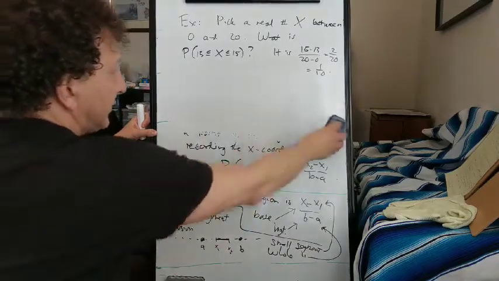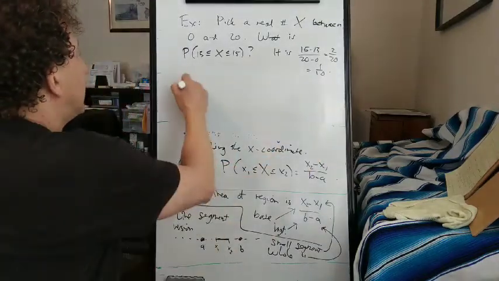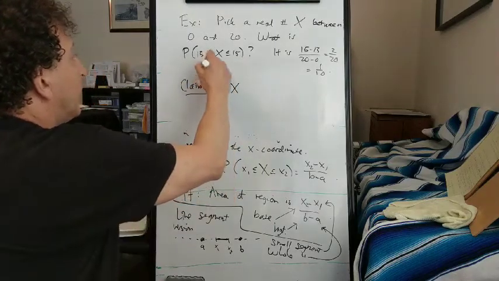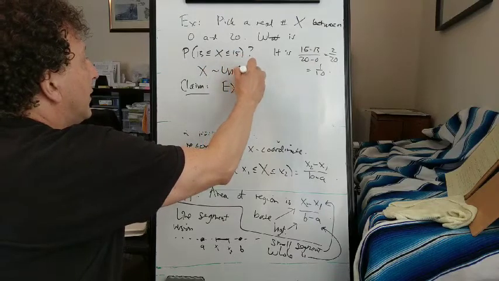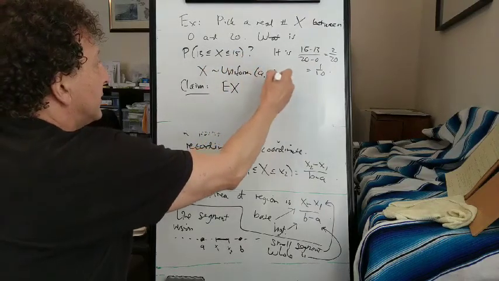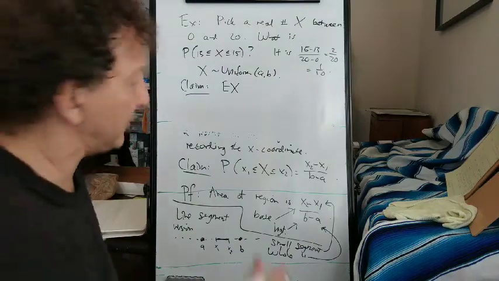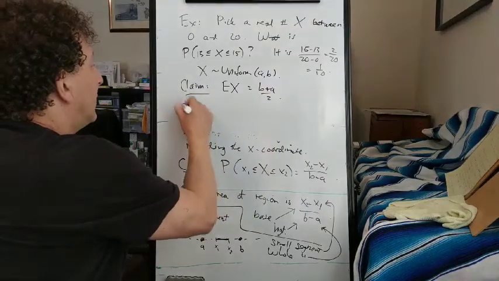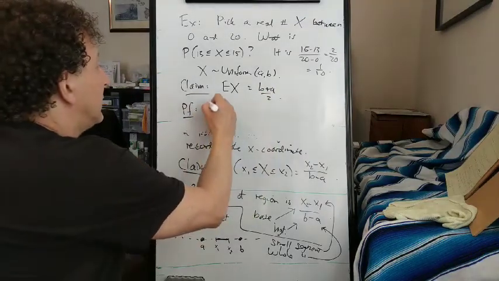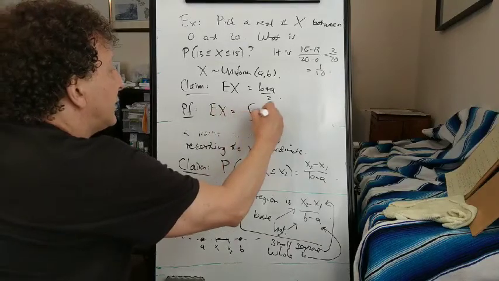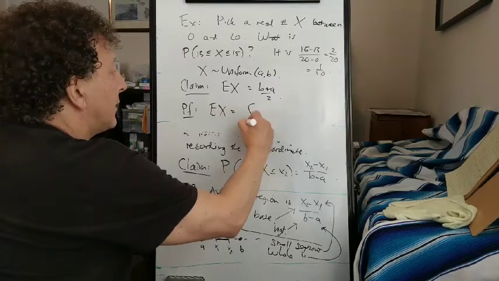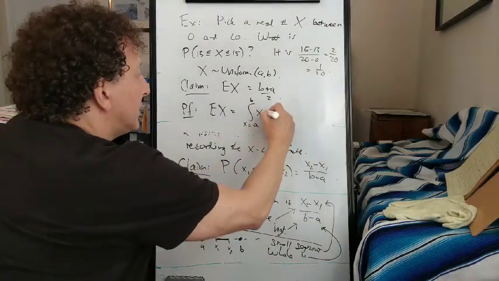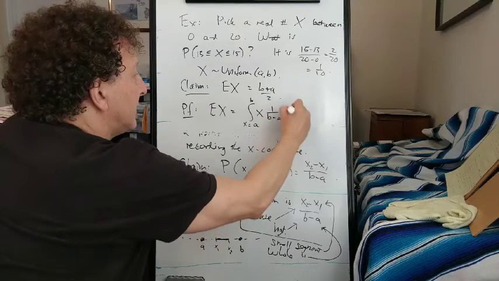All right, so now let's do expected value of x. So these are always for x uniform on the interval from a to b. So the expected value of x is b plus a over 2. So to prove this, we will integrate. Expected value of x is the integral from a to b of x times the probability density function 1 over b minus a.